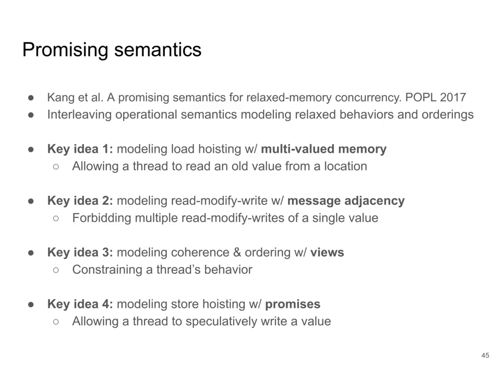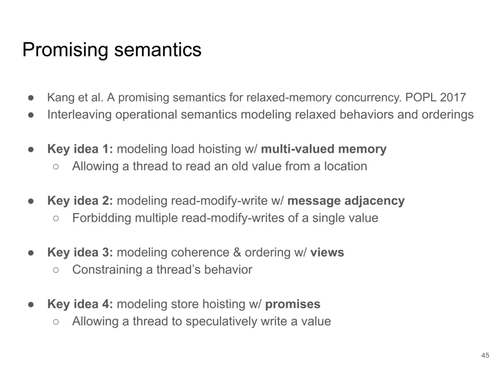So this is actually made by me, and 3 years ago, I published a paper that's called Promising Semantics for Relaxed Memory Concurrency, which defines the relaxed memory concurrency semantics for C and C++ or Rust programs.